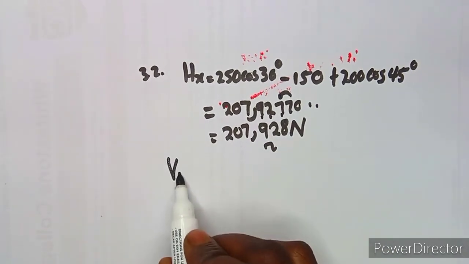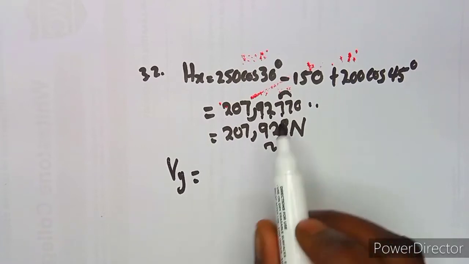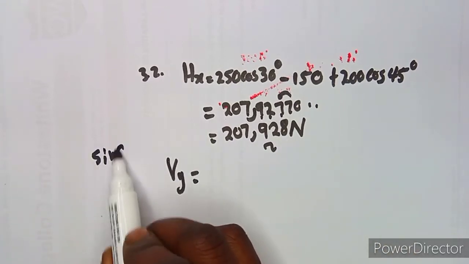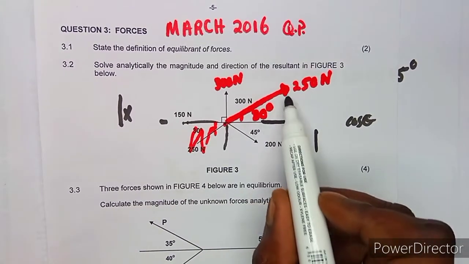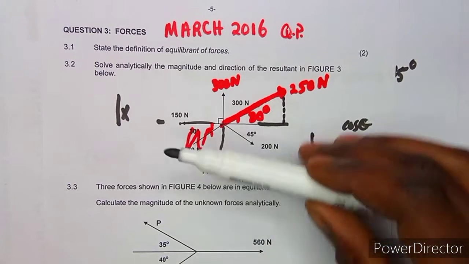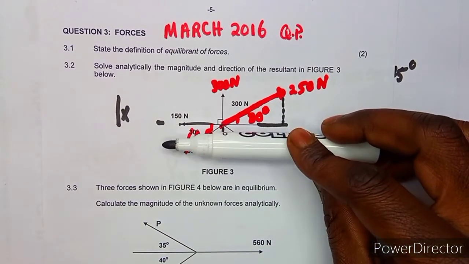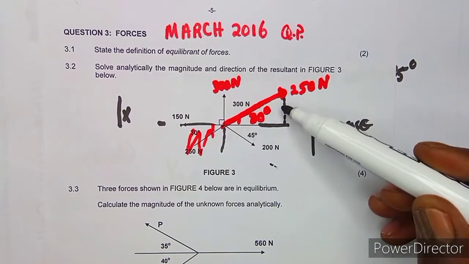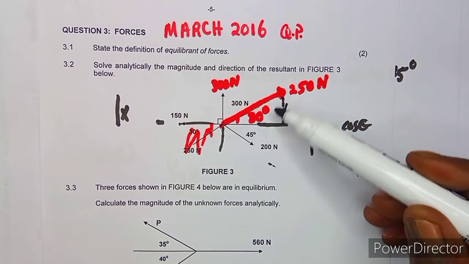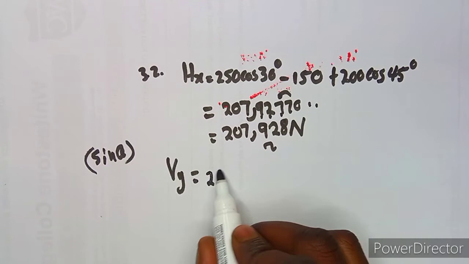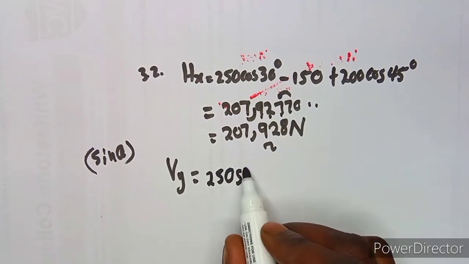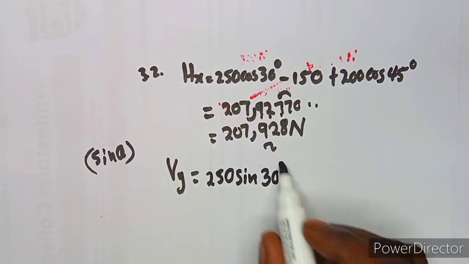In this case, we move on to the vertical components. Remember, they use sine theta. Our vertical component on top here is a positive, so it's 250 sine 30 degrees.